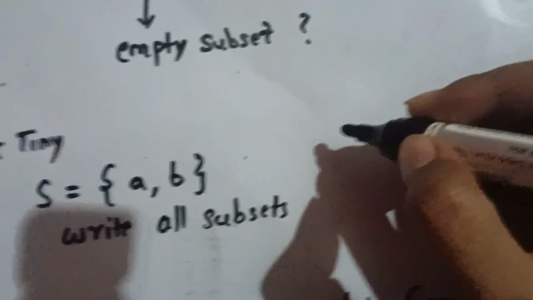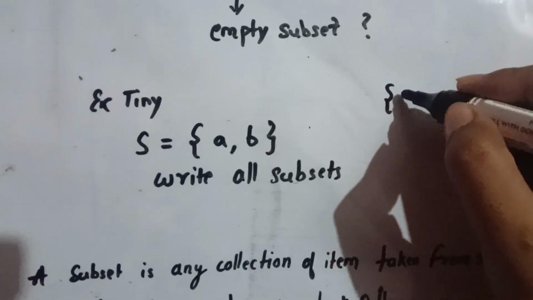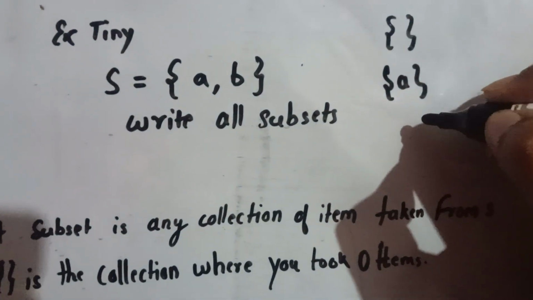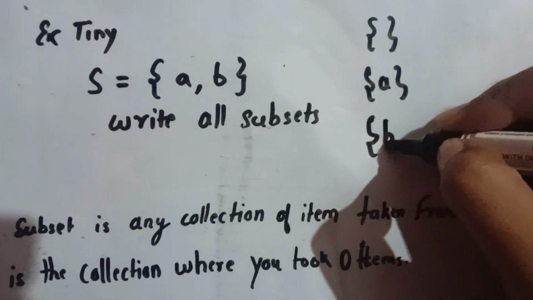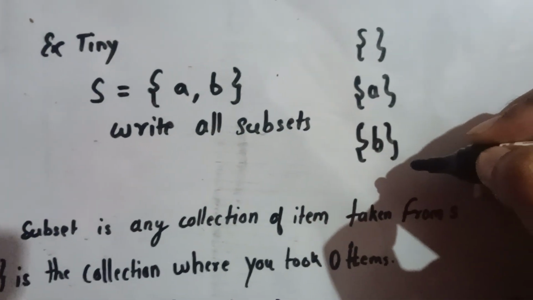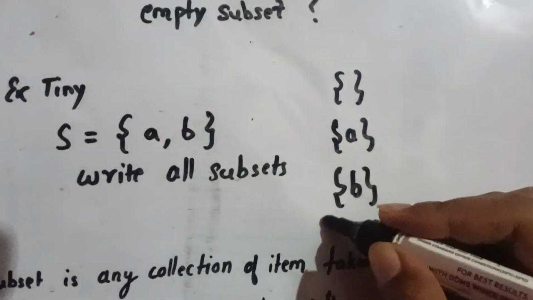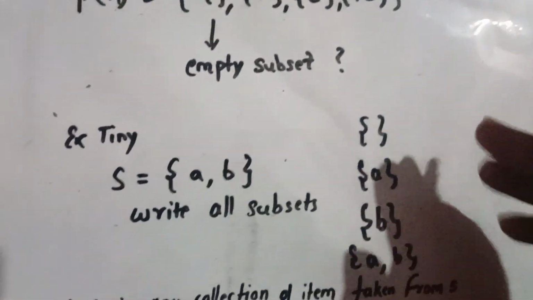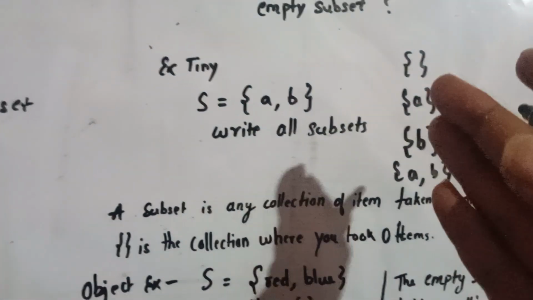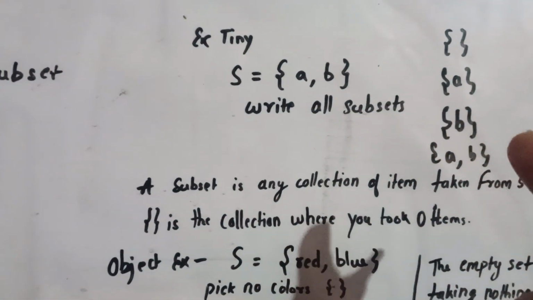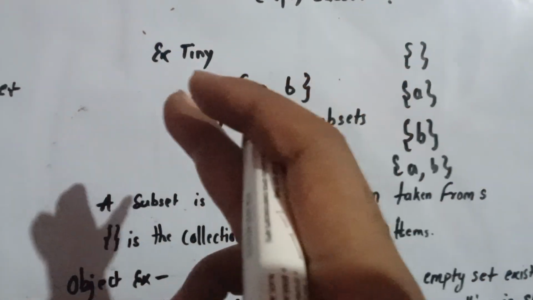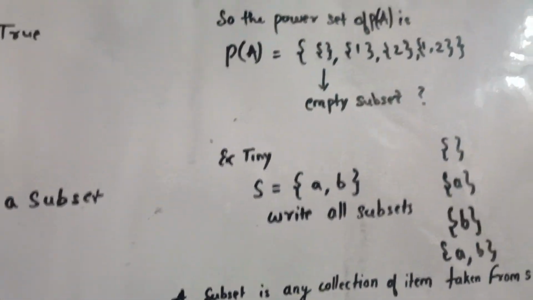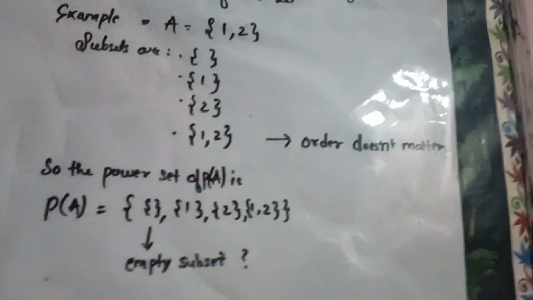So first we should have the empty one, and A, another is B, and one more, last, A and B. Right, these are all the possible subsets for S, A and B. We call that the power set.